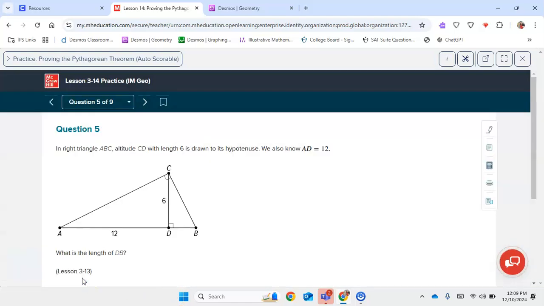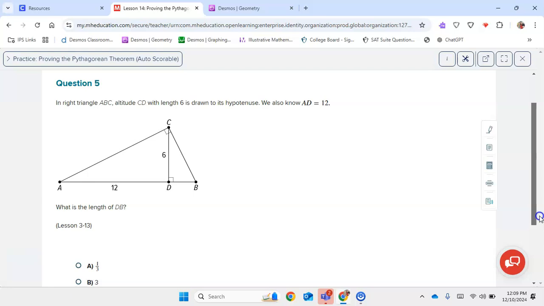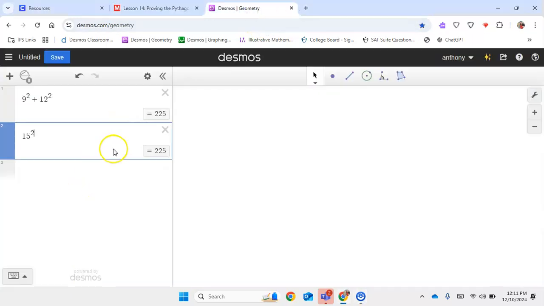Question 5. In right triangle ABC, altitude CD with length 6 is drawn to its hypotenuse. We also know AD equals 12. What is the length of DB? If we look at the middle sized triangle ACD, we see its short side is 6 and its middle side is 12. Let's put short over middle.